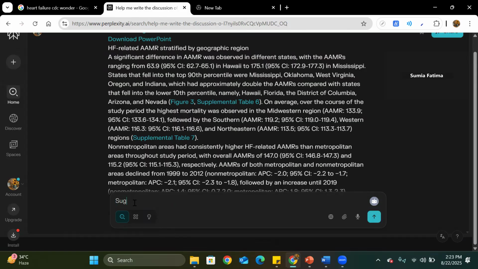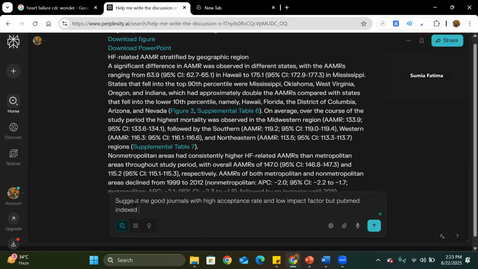You can just say, suggest me good journals with high acceptance rate. And sometimes I even say low impact factor. If it is a low impact factor, that means it has high acceptance. Okay, low impact factor, but PubMed indexed journal for this article.